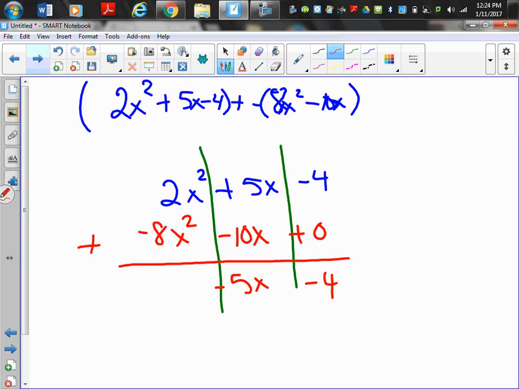And negative 8 plus 2. That's your answer. Addition is the easy one. Subtraction's not far behind.